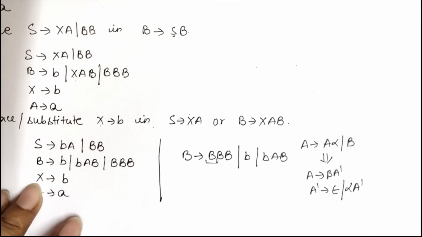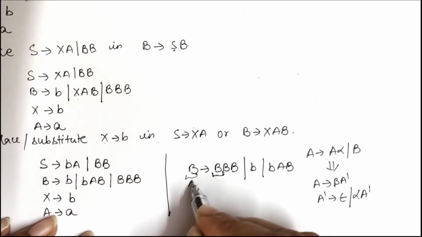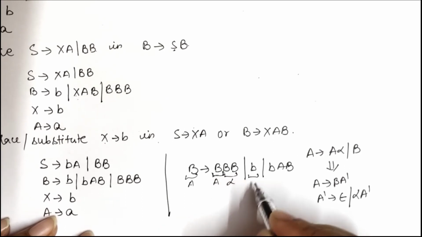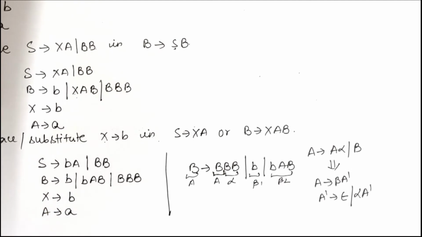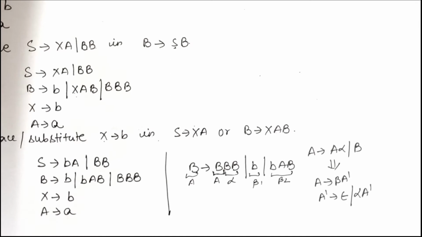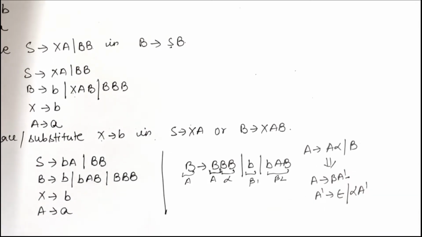See here, in this case, this is A, again this is A, this is whole alpha, this is beta 1 or this is beta 2. There are many productions. So in order to eliminate this left recursion, in place of A dash we take another variable, that is C.